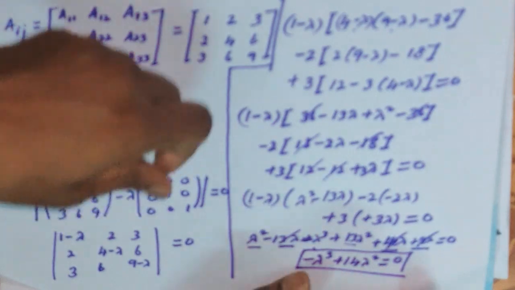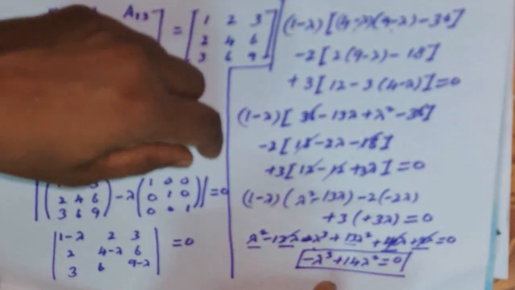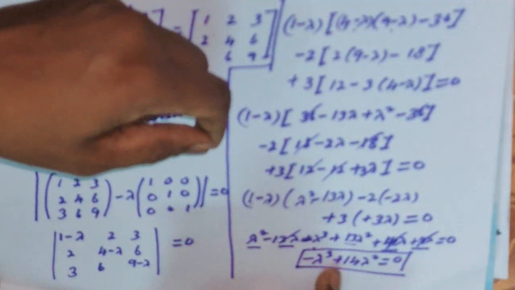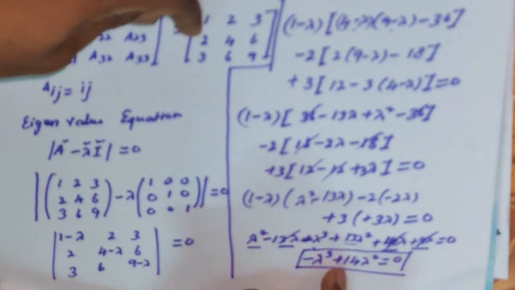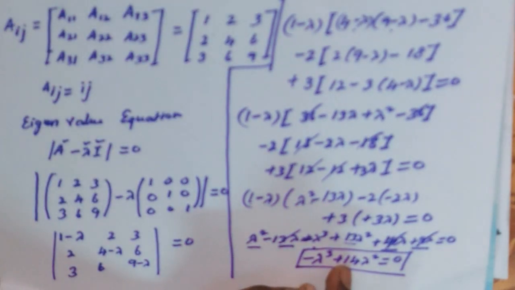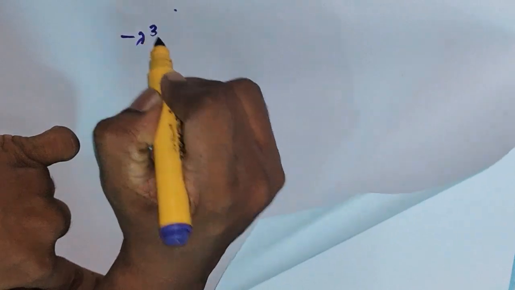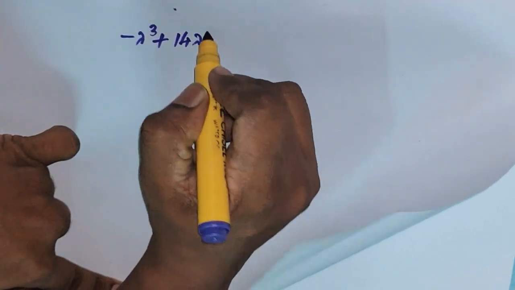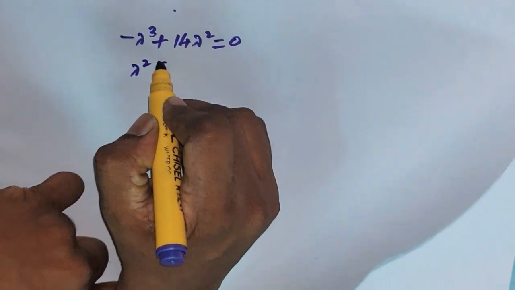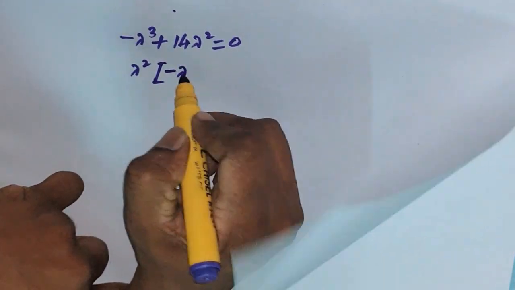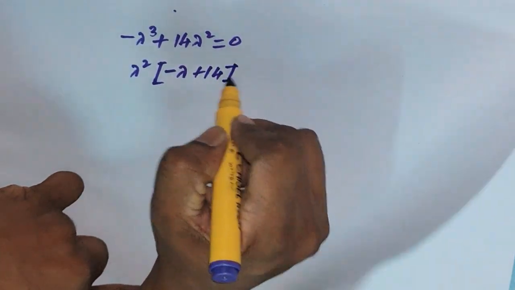We need to solve it to get the eigenvalues. Because it's a cubic equation, it should have 3 roots. We have minus lambda cube plus 14 lambda square equal to 0. Take lambda square outside: lambda square times minus lambda plus 14 is equal to 0.